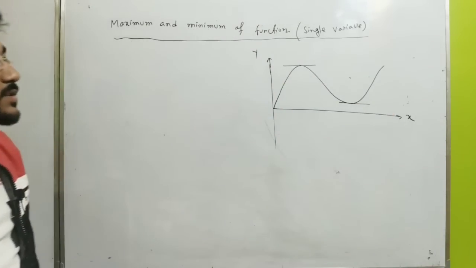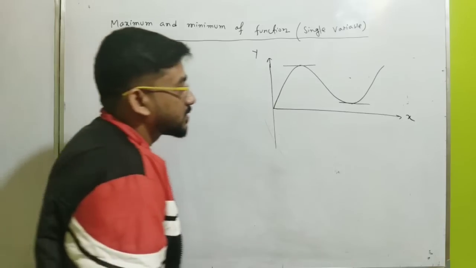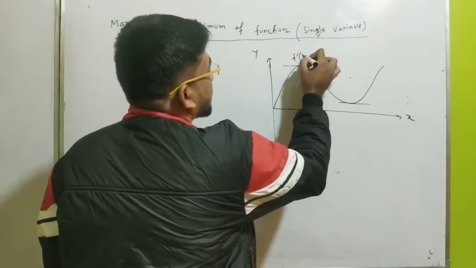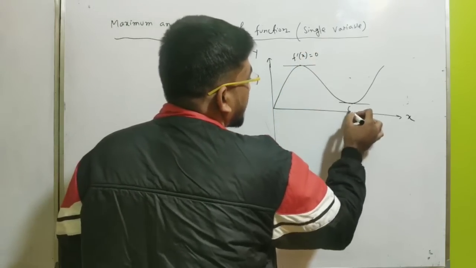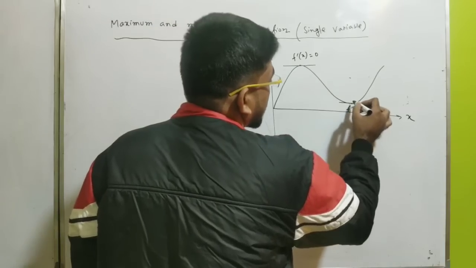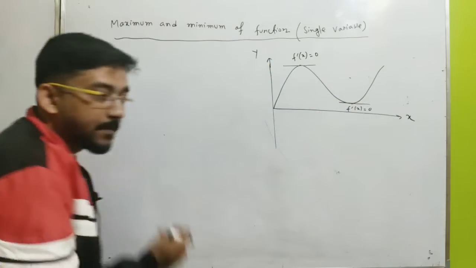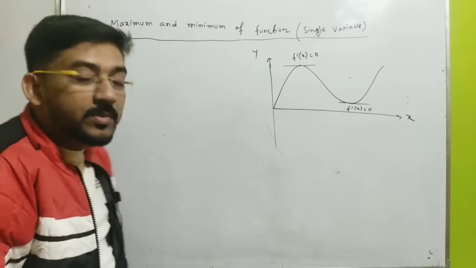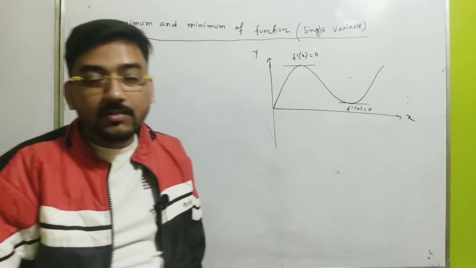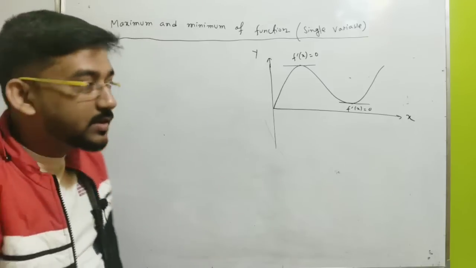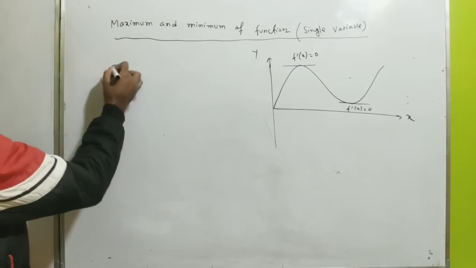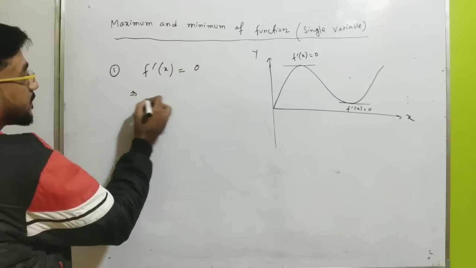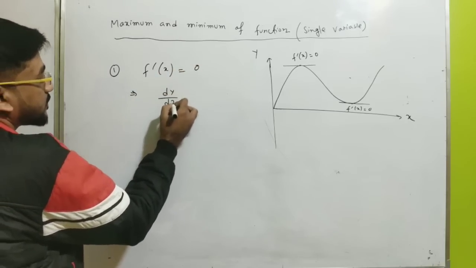If the slope of the function is parallel to the x-axis, that means dy by dx is equal to 0 here, that is, f prime x is equal to 0, for this point and for this point. So if the function has a maximum or minimum value at any particular point, then it is obvious that the first derivative of the function, f prime x, is equal to 0, or dy by dx is equal to 0.